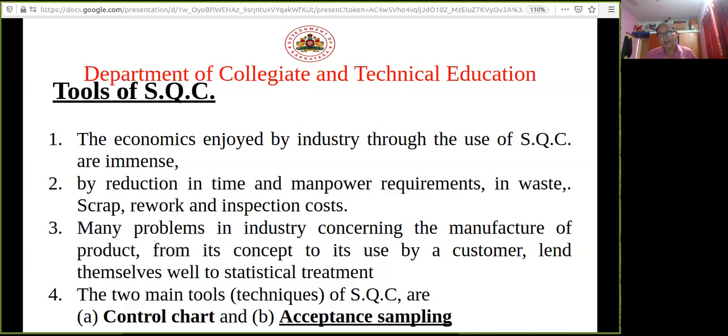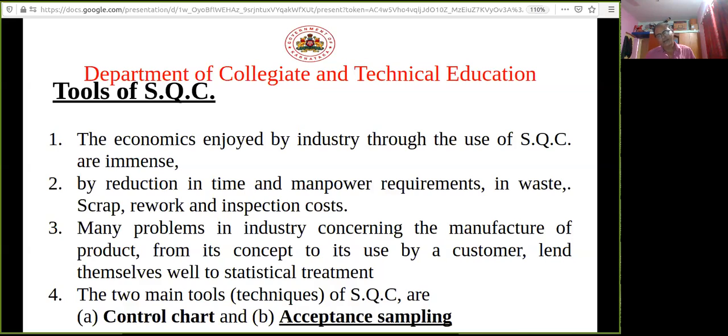Even if 95 items out of 100 are bad, he is going to accept it, because there will be another condition here: if out of 5 items 3 or more are good, he is going to accept it.